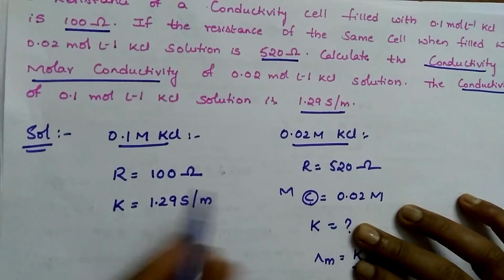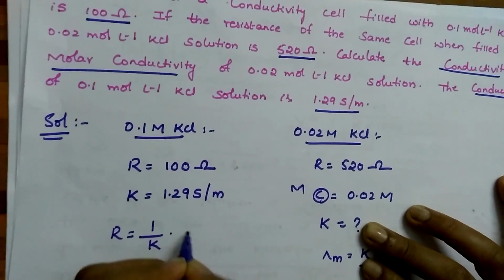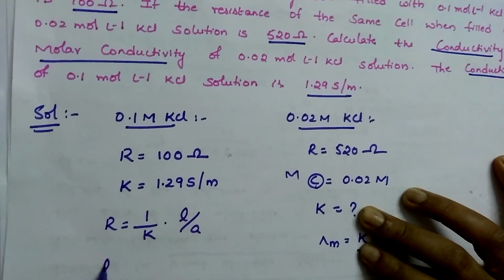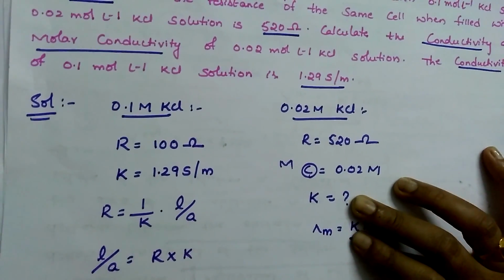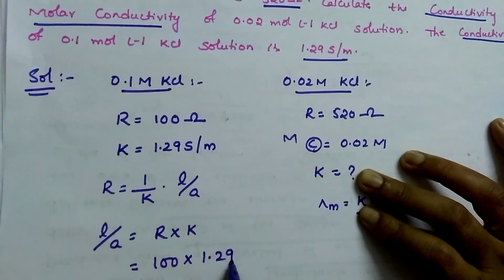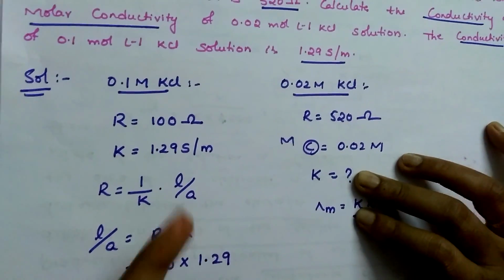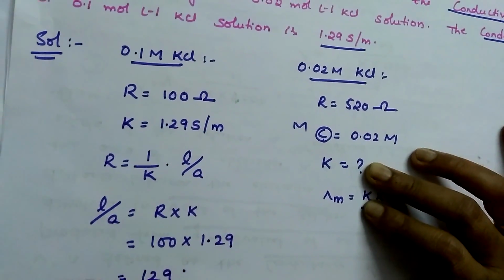How to find K? First see this: R is equal to 1 by K into L by A. Therefore, cell constant L by A is equal to R into K. R into K is nothing but R is 100 ohms into 1.29 Siemens per meter. Then we will get 129.